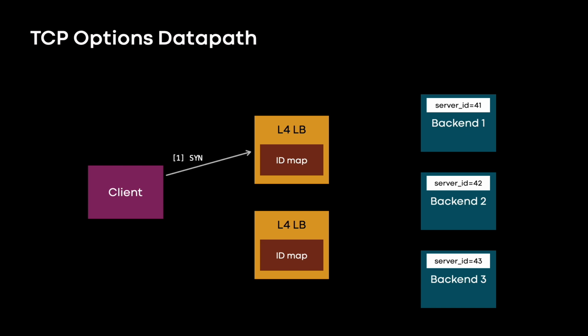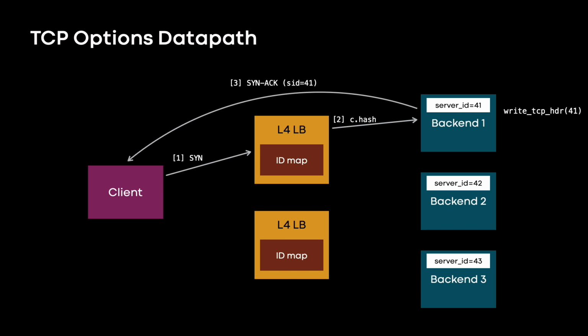The client starts with a SYN packet, the load balancer receives it, knows it's a SYN packet, and uses consistent hashing to pick the backend. In this case, we picked backend number 1 with a server ID 41. The BPF program writes a header with a server ID, which will be carried along with a SYN ACK back to the client.